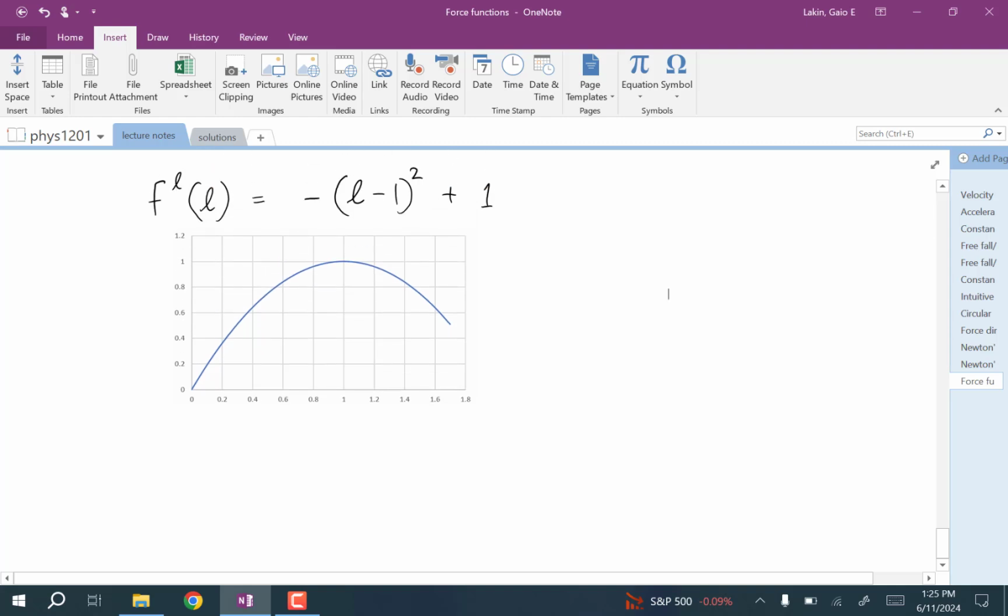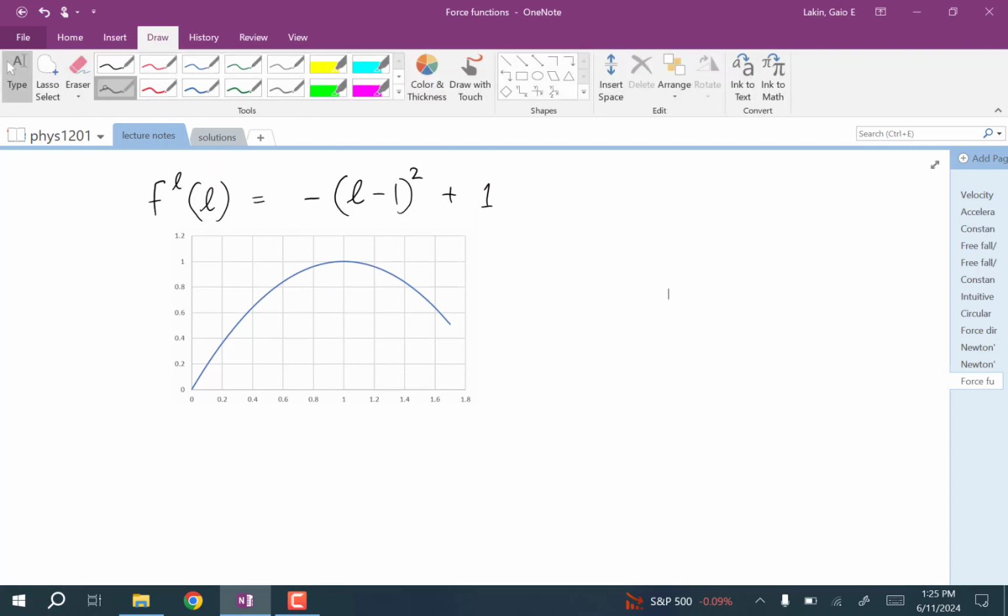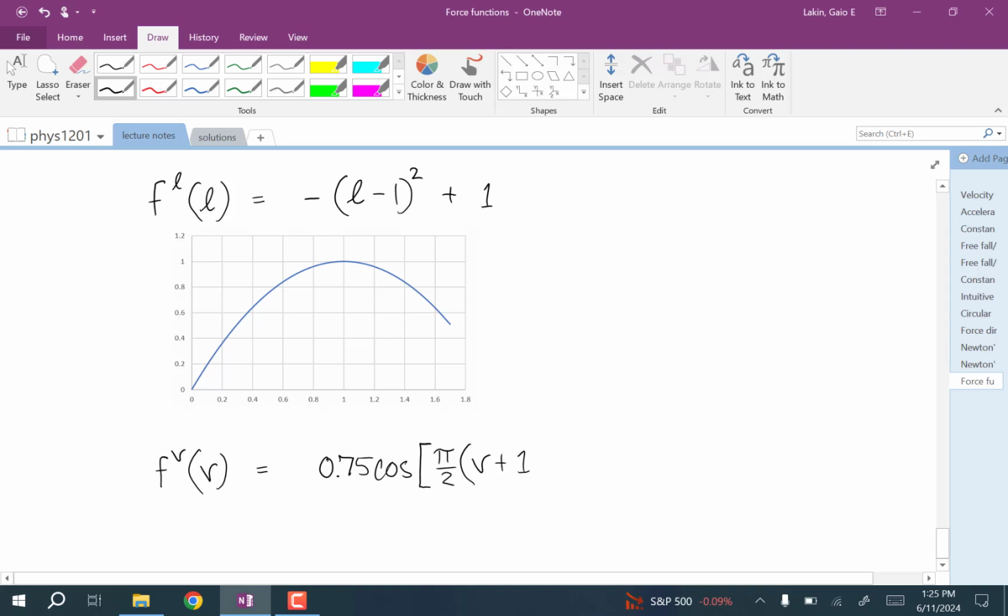Next is the active contribution depending on the velocity of contraction or lengthening. And for this, I'm going to use the function 0.75 times the cosine of pi over 2 times the quantity v plus 1.